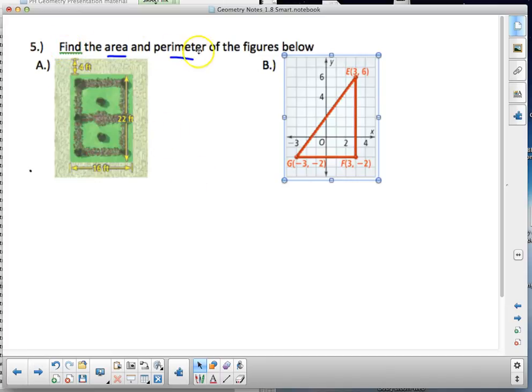Now, finding the area and perimeter of the figures below. When we do this, please look at this extra spacing, okay? You got to keep that in mind.